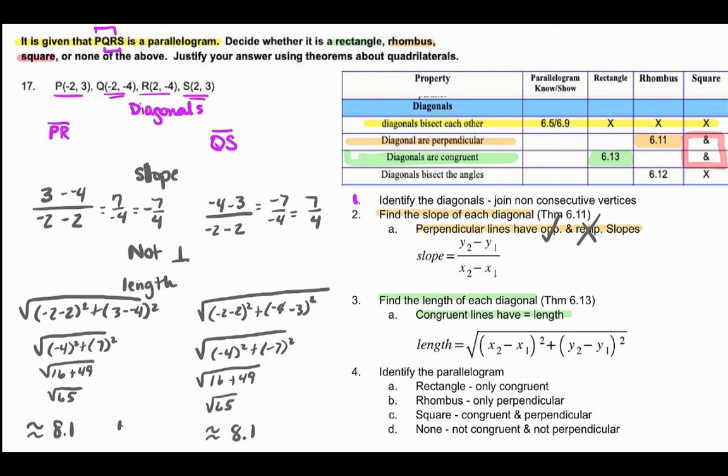So these are congruent. So now when I go through to identify the parallelogram, I have only congruent. Because they are only congruent, I have a rectangle. So this is a rectangle.